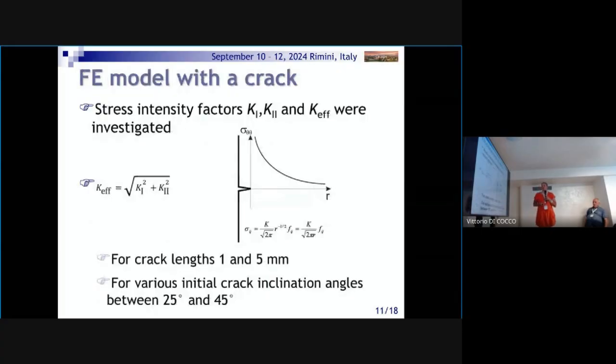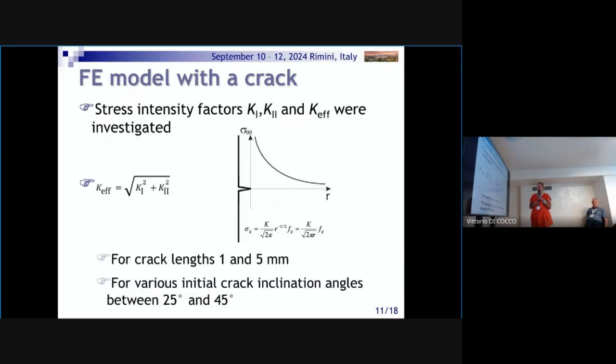Okay, this is the configuration with a crack. For a crack, the most important fracture parameters are stress intensity factors that describe the stress amplitude at the crack tip.